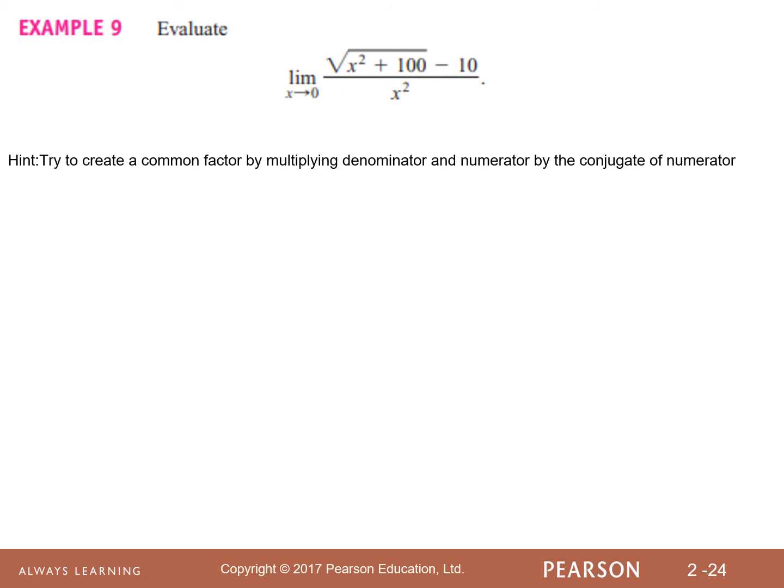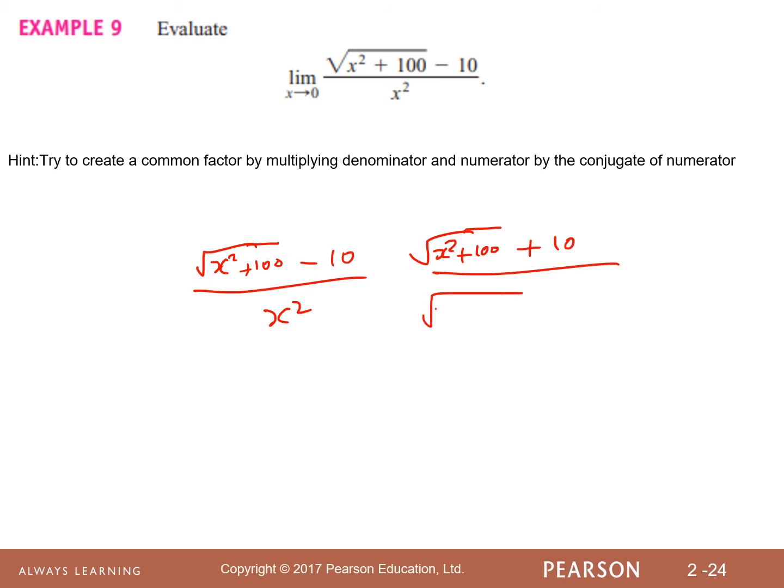So what we will be doing is we will be taking square root of x square plus 100, minus 10, divided by x square. We have to multiply it by square root of x square plus 100 plus 10, divided by square root of x square plus 100 plus 10, right?